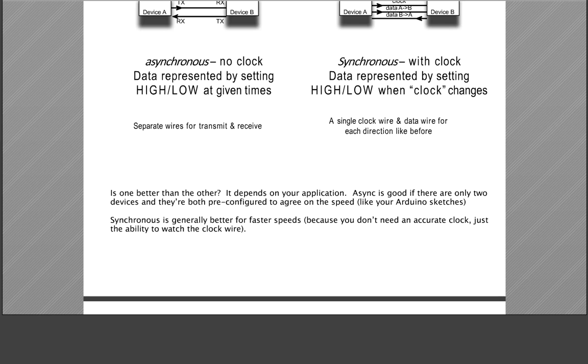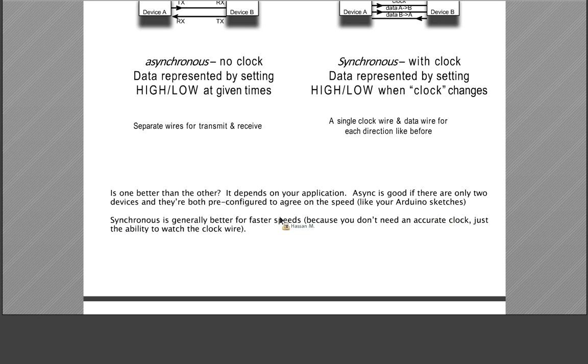This is good for asynchronous, like your Arduino sketches in communication between an Arduino board and a UART-supporting sensor. Both sides must agree on a single baud rate.